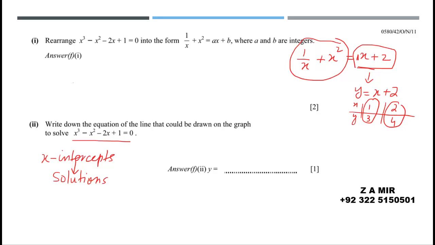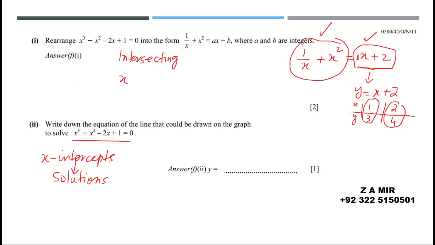So students, now we have to see where these two graphs are intersecting. Intersecting means where these two graphs are cutting each other.